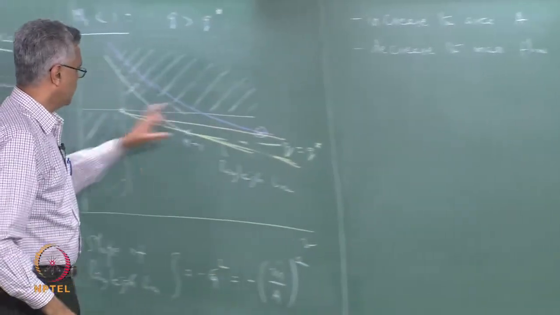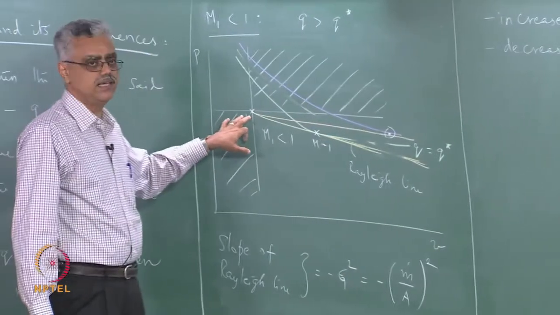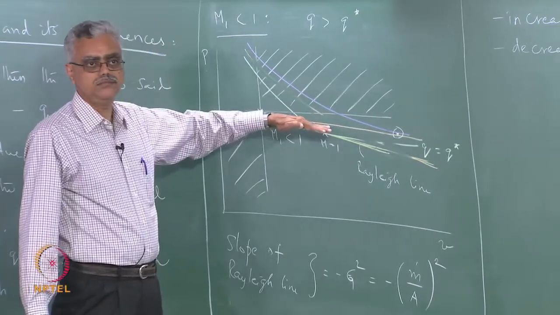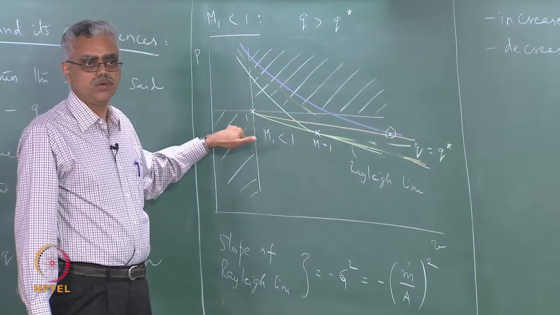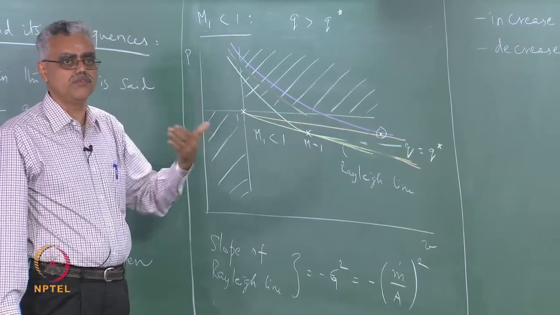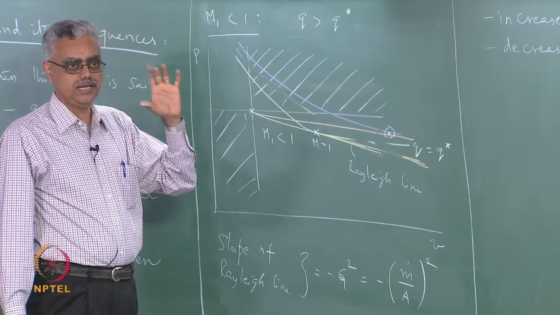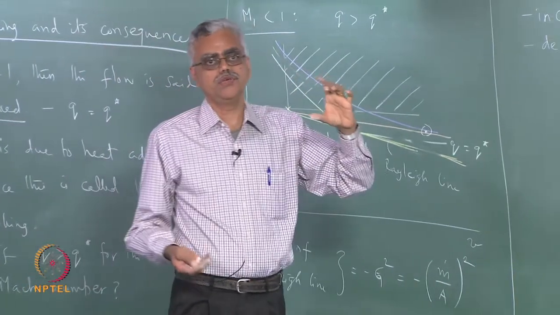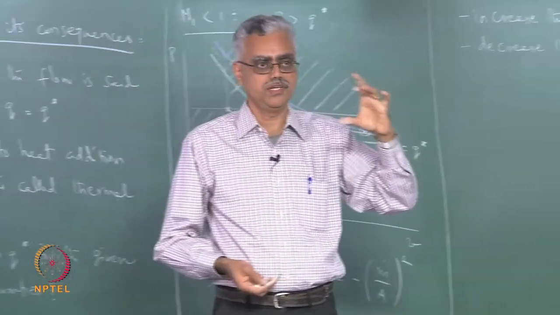Notice that in this diagram I have shown the static state 1 to be at the same location, but when you start to operate on a new Rayleigh line, state 1 may not be the same state 1 as what we had earlier. We had a duct, we started with a certain inlet state, and we are adding a value of heat which is more than q star for that state.